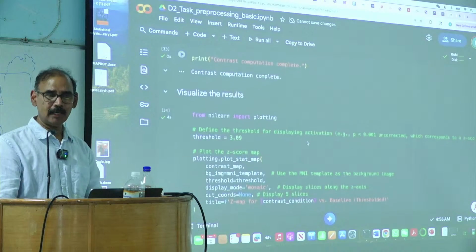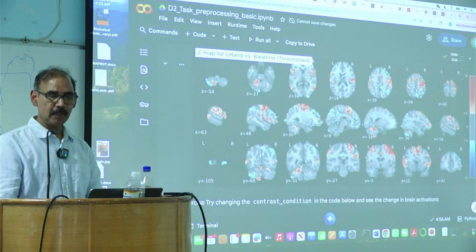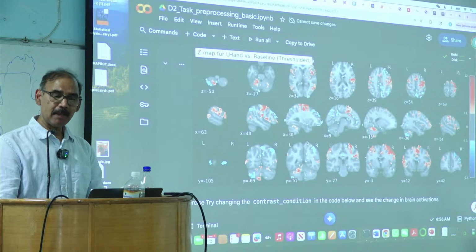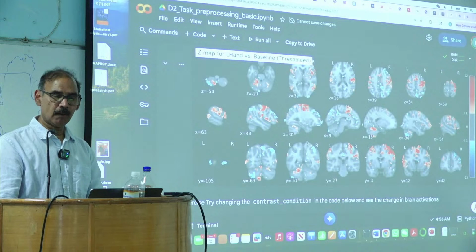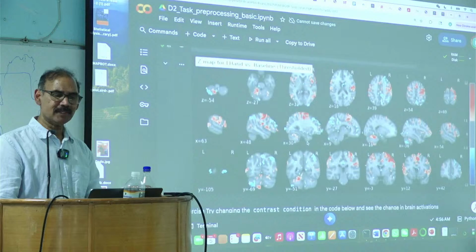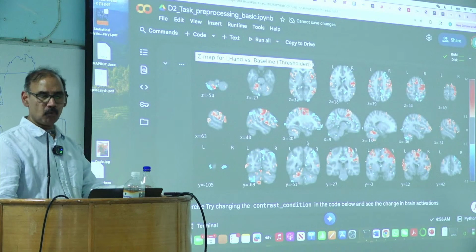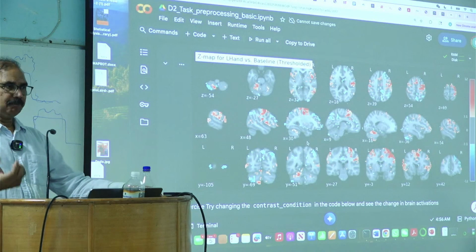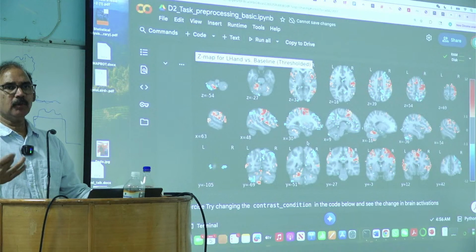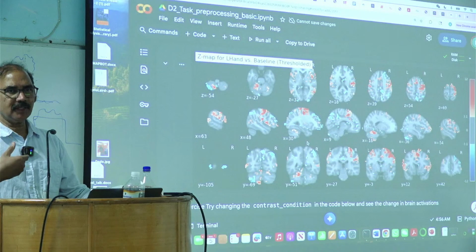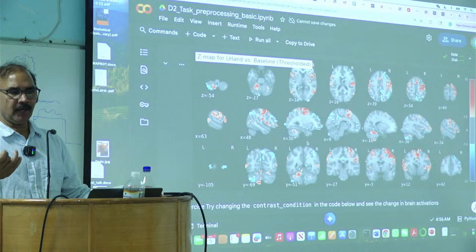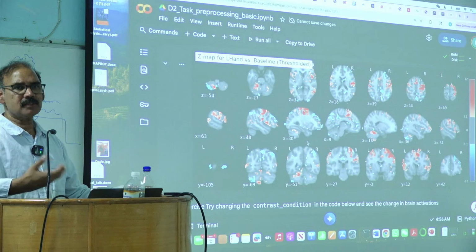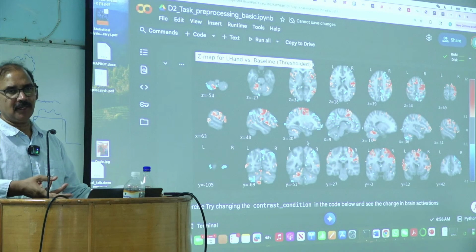I agree with you, 6 millimeter may be too much. But by using 6 millimeter, what you're also doing is almost like the clustering that I covered yesterday. So this is in some way clustering the data.